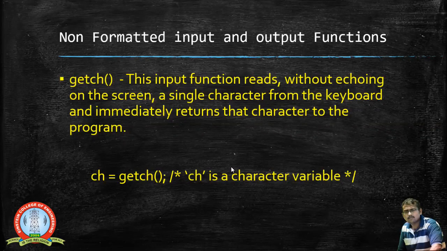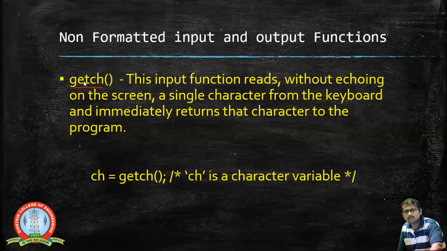Now this is one more example of non-formatted input output functions, where we might have used getch a lot of times in our programming. Whenever we do programming to interact with the output screen, we will always use the function called getch. This getch function reads an input, but it won't display the character.